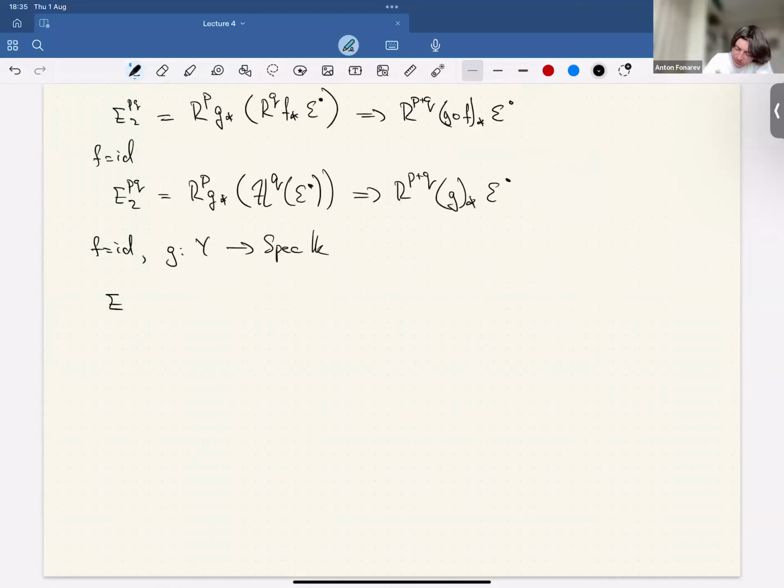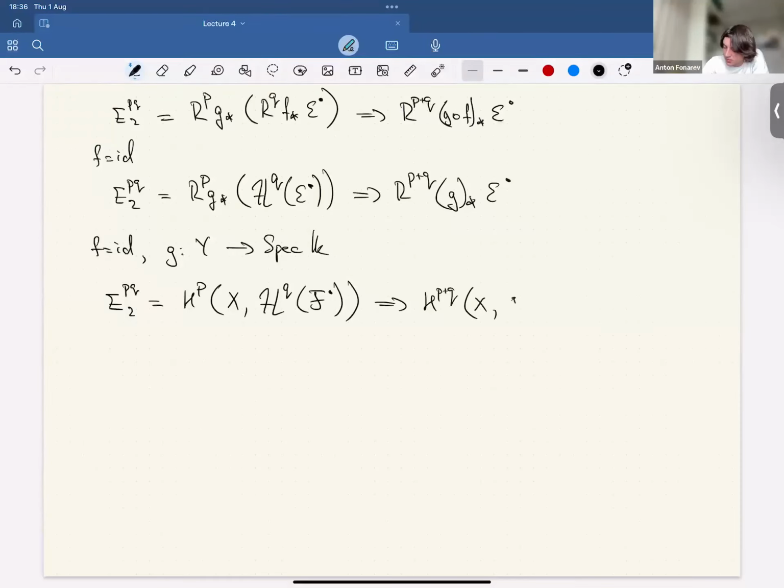This spectral sequence is E_2^{P,Q}, which is H^P, the usual cohomology, of the cohomology sheaf H^Q of F, which converges to H^{P+Q} on X of F. I'm switching from E to F, where this is defined as R^{P+Q} gamma.